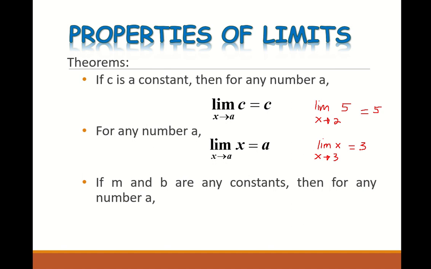Next, if m and b are any constants, then for any number a, we have the limit of the quantity m times x plus b as x approaches a is equal to m times a plus b.